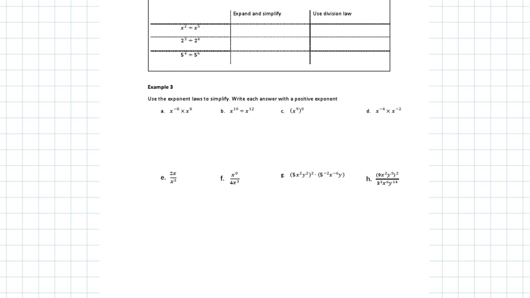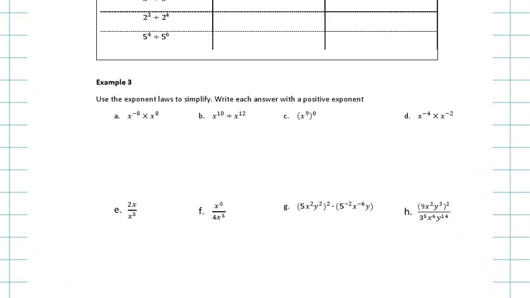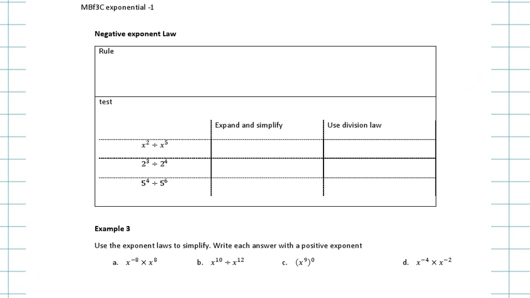Now, the negative exponent law tells you this. The last thing that you want to do is apply the negative exponent law. That's the last step. So if you have, let's say, this, with negative 2 on the outside, the last thing you want to do is flip it.